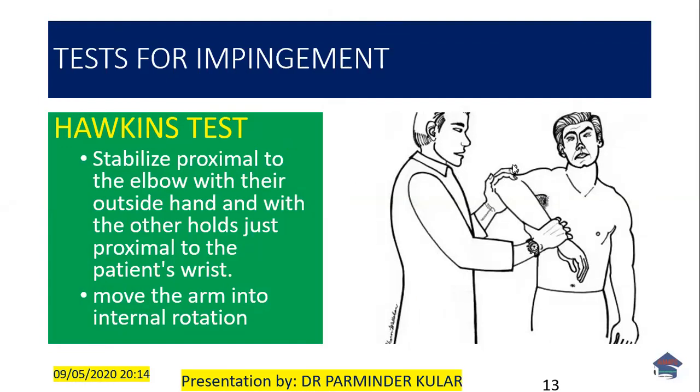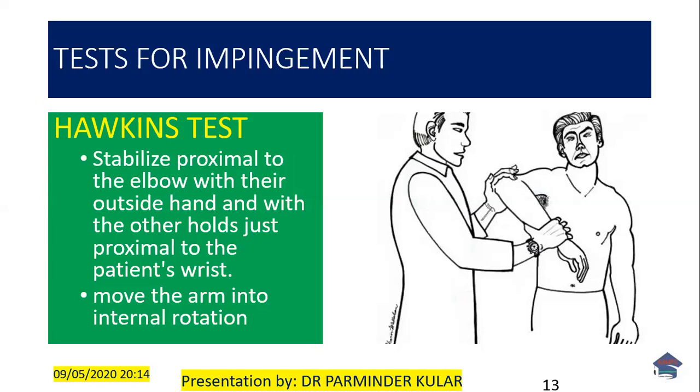If there is impingement, it will give rise to pain. So this is the Hawkins test. What we have covered, the Hawkins and the Neer tests, are the two tests for impingement, and the Yergason test and the Speed test are the two tests for detecting biceps pathologies and SLAP tears.